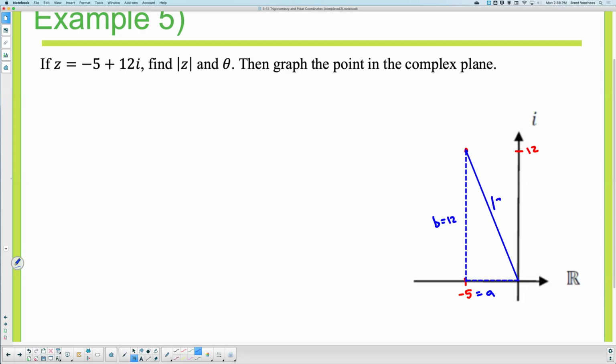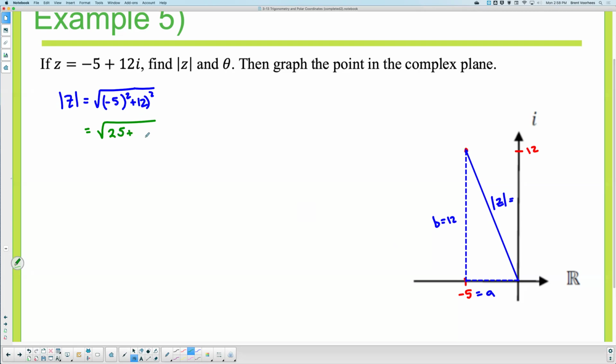And when they say the absolute value of z, that's talking about the length of what we normally would call a radius. To find that, the absolute value of z is going to equal the square root of (-5) squared plus 12 squared. So mental math here. -5 squared is 25. -5 times -5 is a positive 25.